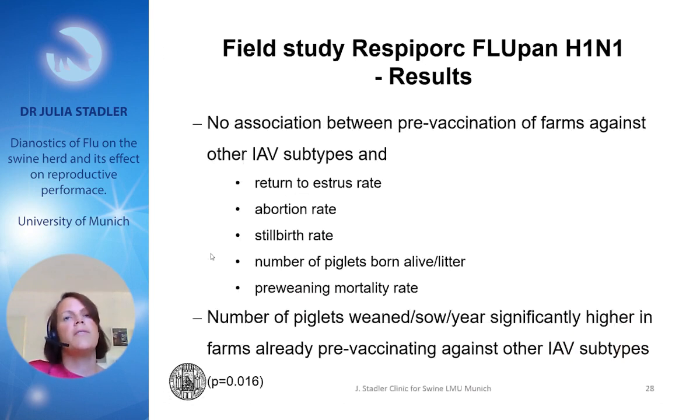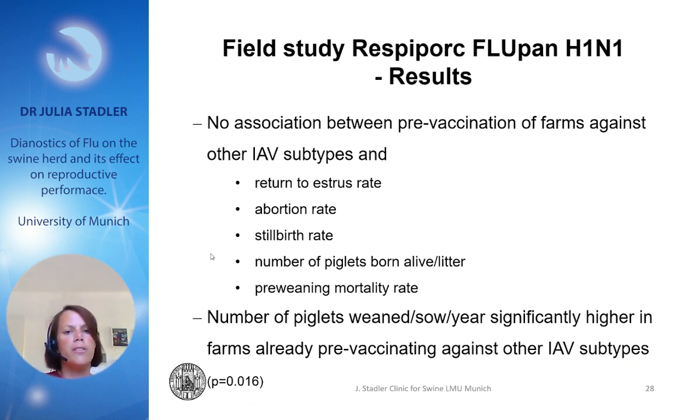We also asked ourselves if farms that were already pre-vaccinating against other influenza subtypes, that were pre-vaccinating with Respiflu 3, had a benefit compared to farms that were not using influenza vaccination before the implementation of Respiflu Pan H1N1.